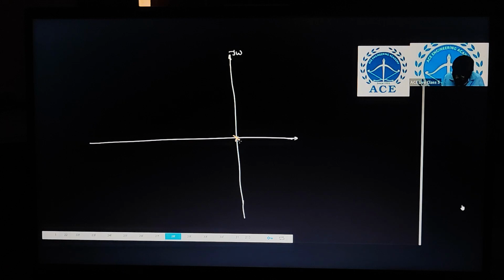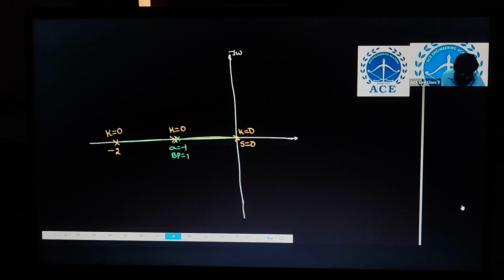One pole at origin. Here, mainly why I am discussing this is to give an idea on breakpoints. So here is the root locus. Centroid is minus 1, and one of the breakpoints is also minus 1.